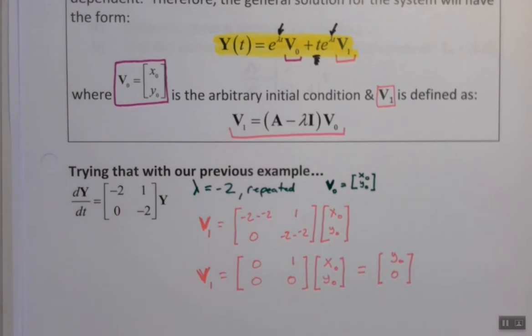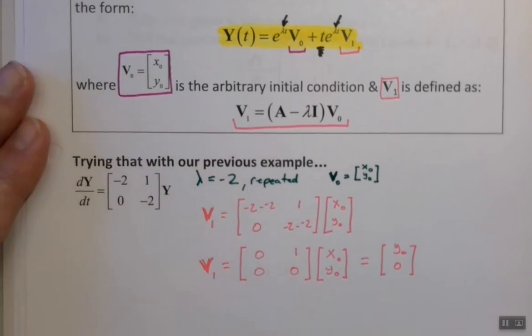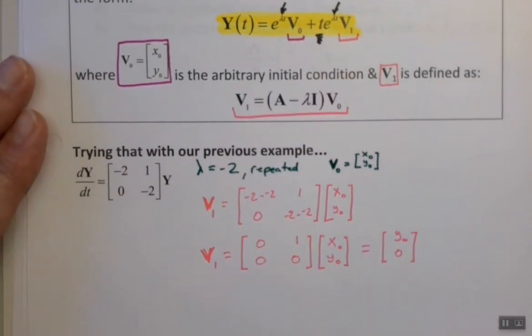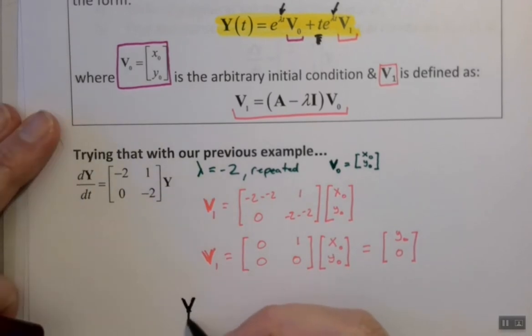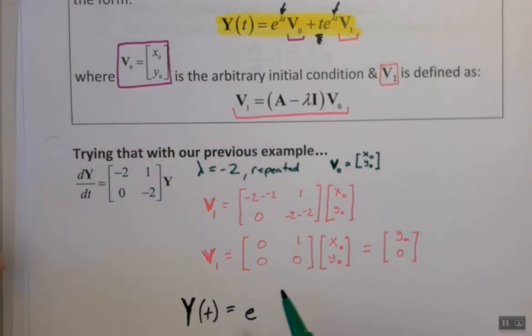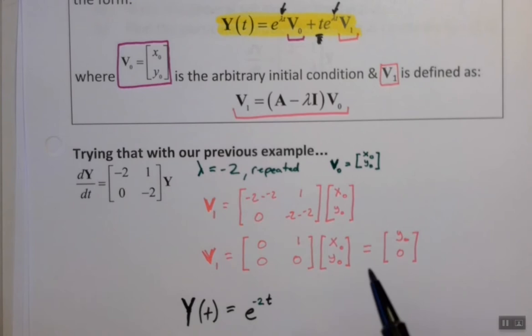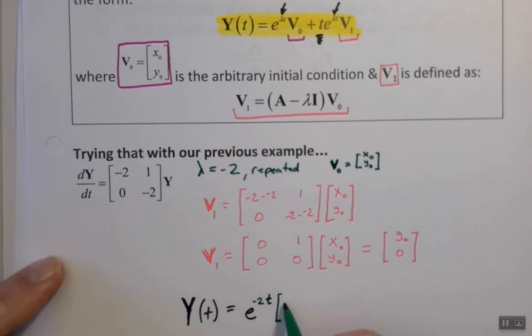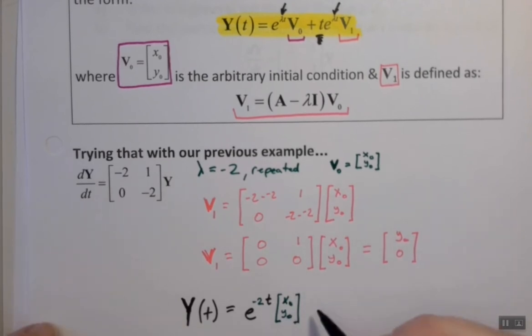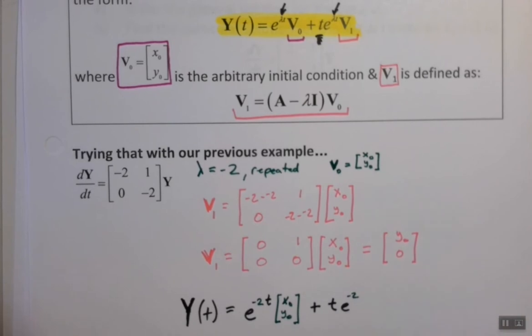And so after all is said and done, we have the ability to rewrite, using our formula from up here, our particular solution for this matrix equation as e to the -2t times v sub 0, so whatever my initial conditions are that I want, plus t times e to the lambda t times my v1 that I just found right here.